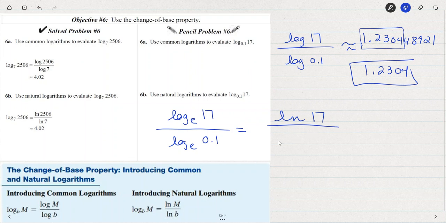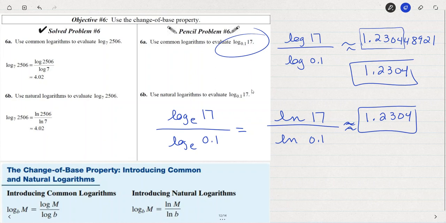So the natural log of 17 divided by the natural log of 0.1. And lo and behold, when you put that in on your calculator, we're going to get the same result. So it's approximately 1.2304 still, right? The log base 1/10 of 17 is going to be the same whether we change it to a natural log or to a common log.